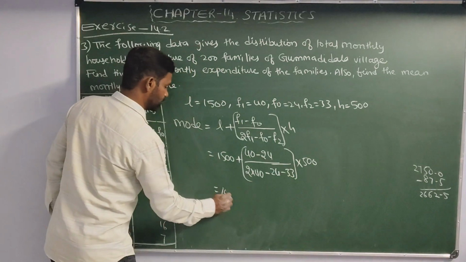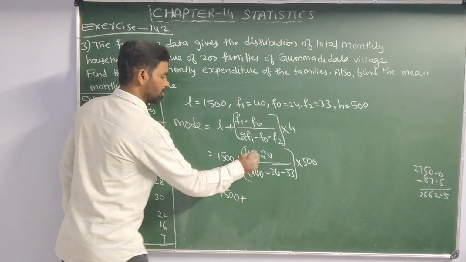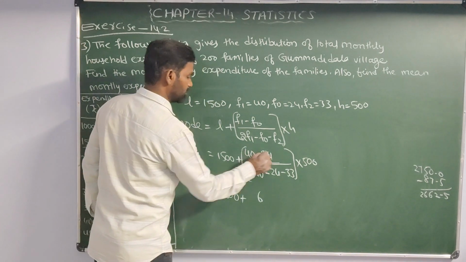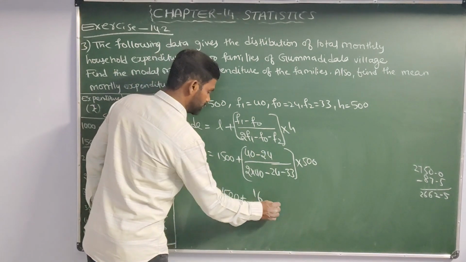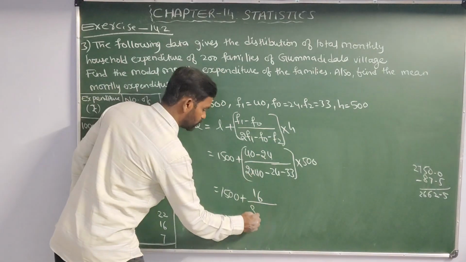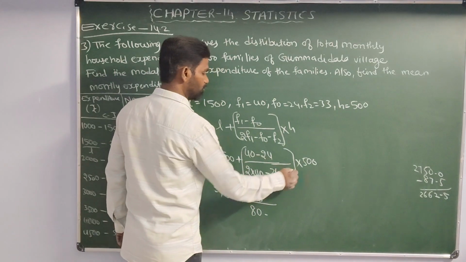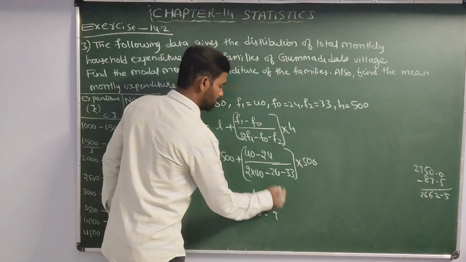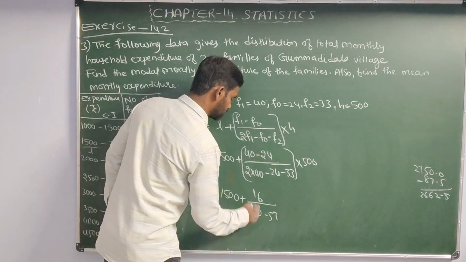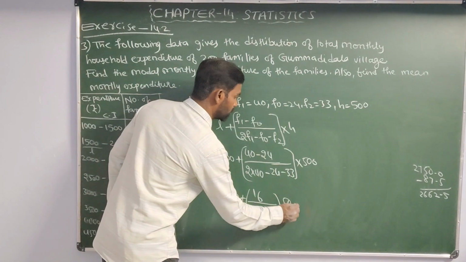So that is equal to 1500 plus 10 minus 4 it is 6, 3 minus 2 it is 1, divided by 4, 40 into 2 it is 80, minus both are negative, add it, 4 plus 3 it is 7, 2 plus 3 it is 5, into 500.